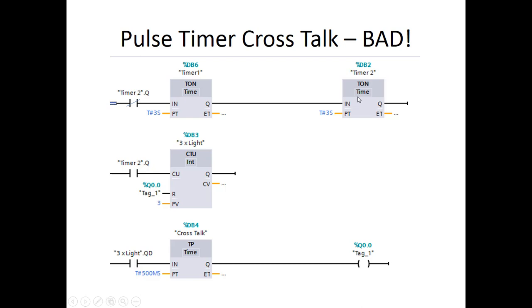And so what I really recommended was putting some type of a bit off of the Q here, let's say an M0, and then have M0 advance the counter. And definitely don't put these in series like this. And then another no-no here was on your crosstalk, to have the output coming right off of the timer.